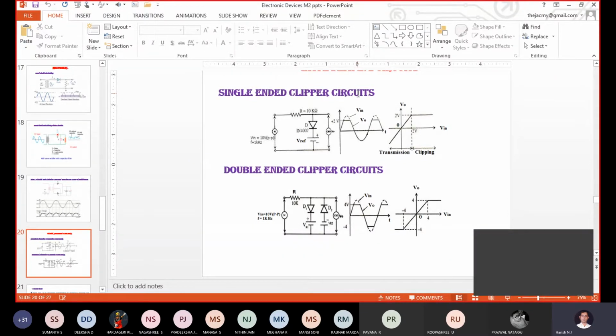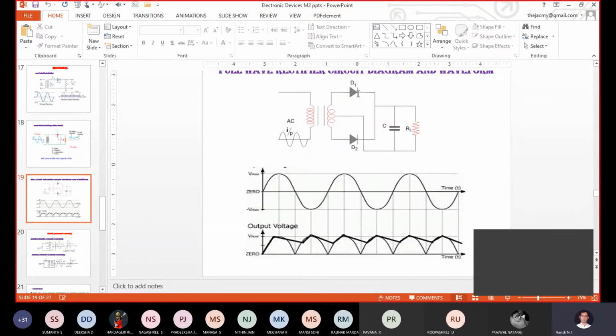Correct. So just check it out here. With the help of a rectifier, we can eliminate either the complete positive half cycle or the complete negative half cycle. Sometimes the rectifier circuit is also called a clipping circuit, because it is used for completely eliminating one half of the cycle.